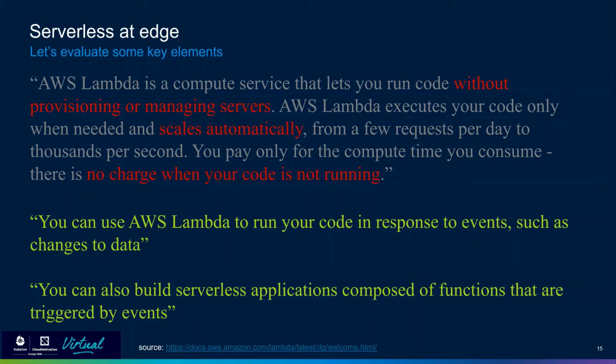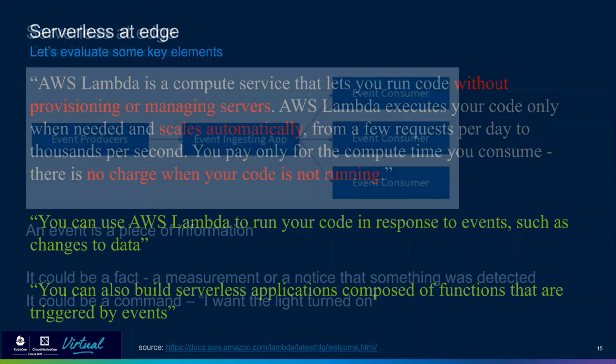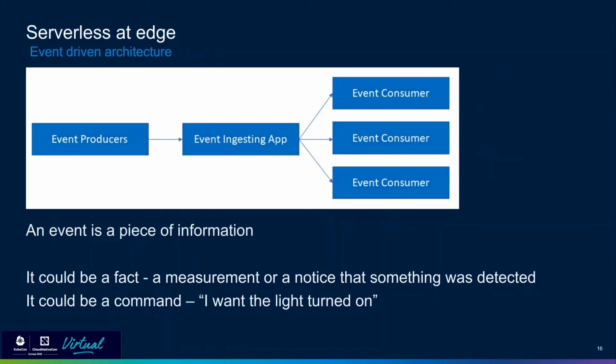In a simple form, an event-driven architecture looks like this. An event is a piece of information, often used to communicate facts, like measurements, or commands, statements of intent. Functions and services consume events, and it's up to these applications to decide what to do with each event.